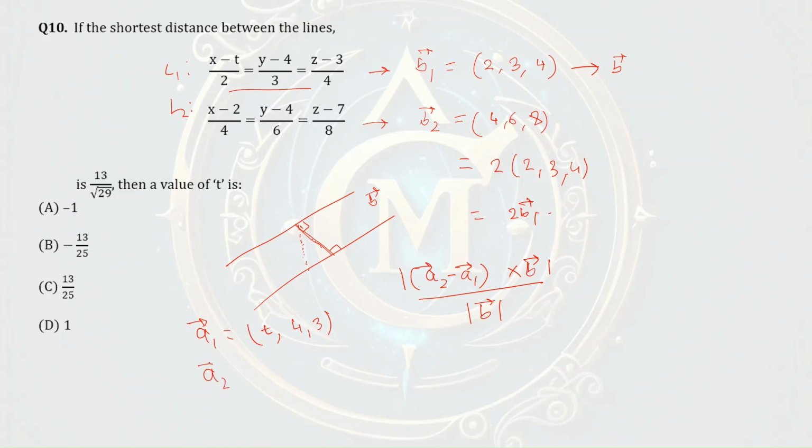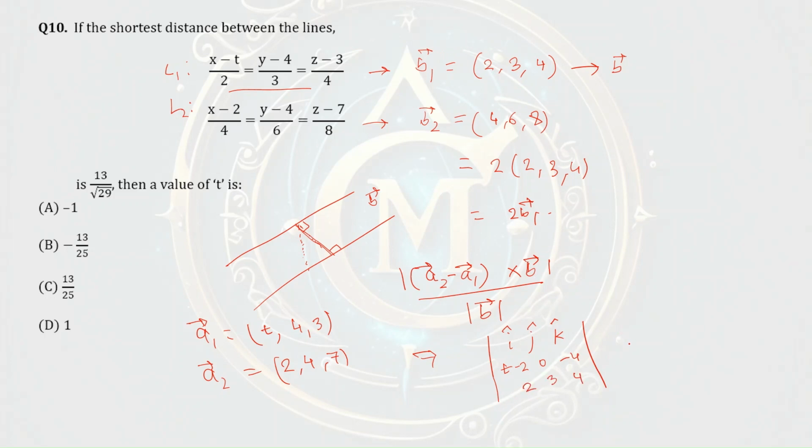And A2, the vector representing a point on the second line, will be 2, 4, 7. That means if we calculate the numerator, it becomes the determinant i, j, k, and then a2 minus a1, so t minus 2, 4 minus 4 is 0, 3 minus 7 is minus 4, cross b. So b is this vector, 2, 3, 4.